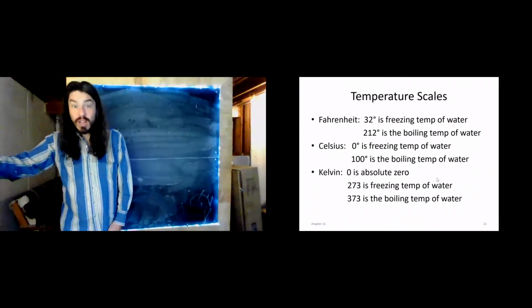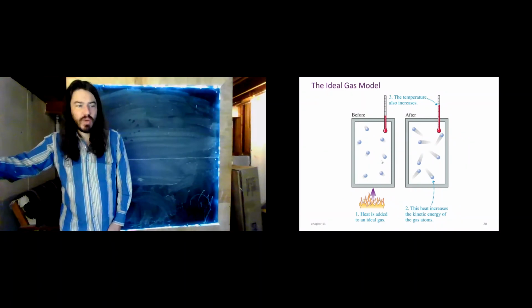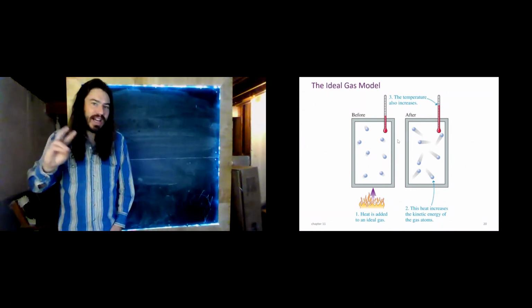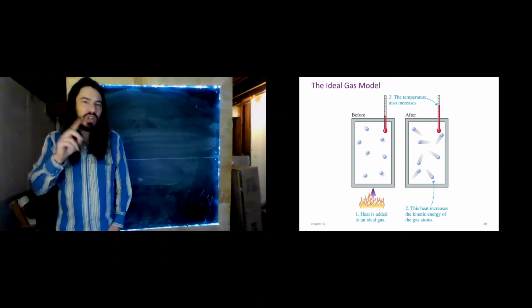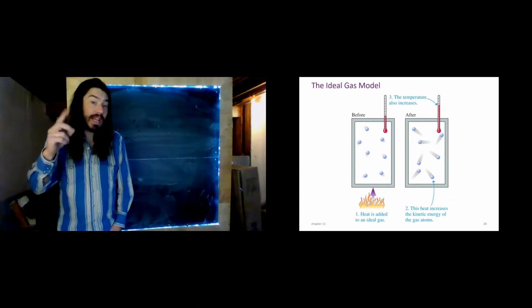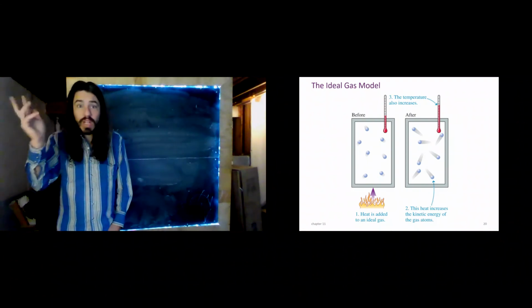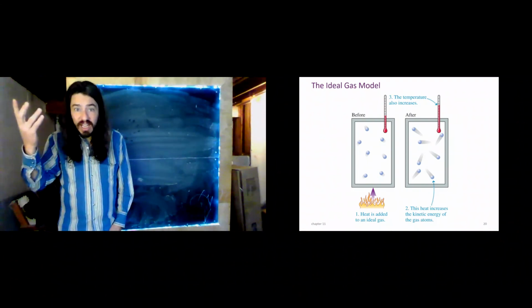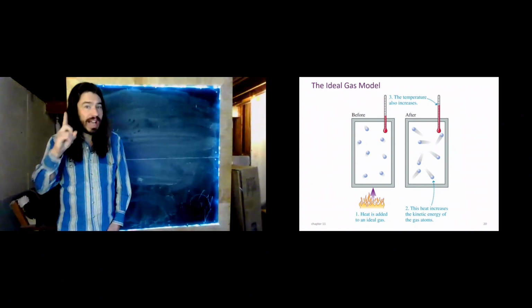Absolute 0, or 0 Kelvin, is the temperature where all molecular motion ceases, right? So remember, we've defined temperature as a measure of the average translational kinetic energy of the molecules that make up a substance. Well, okay, what if those molecules have no kinetic energy? That's what we call absolute 0.